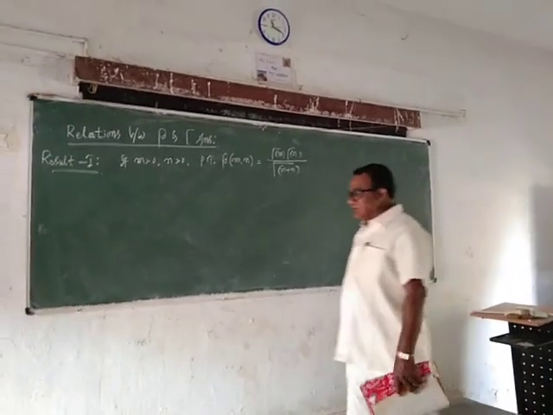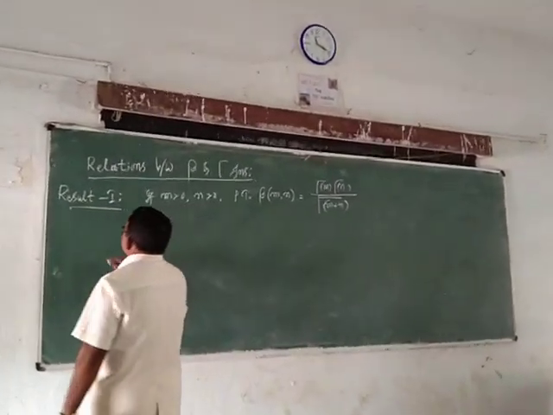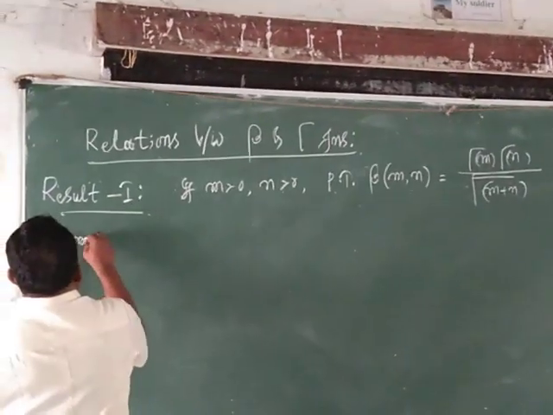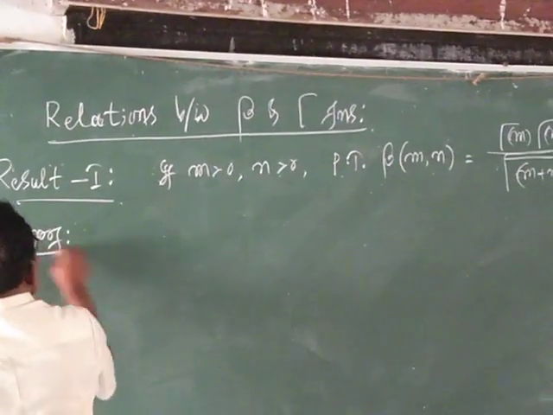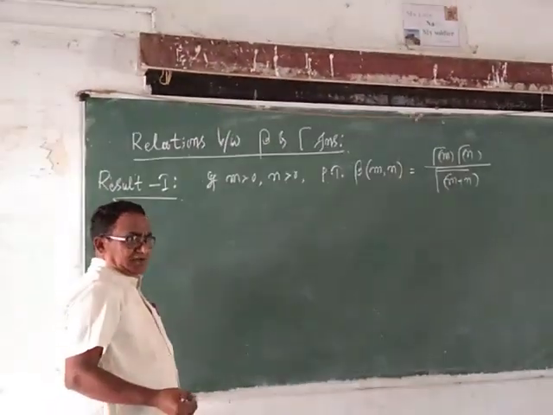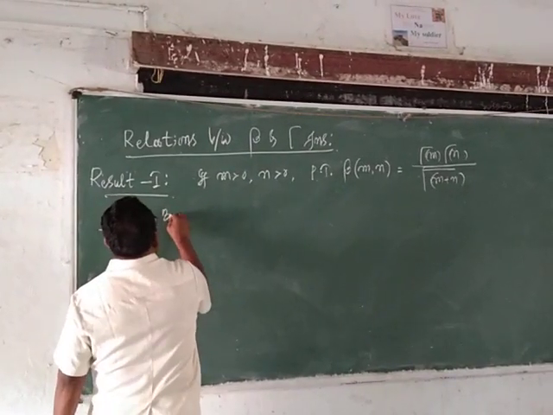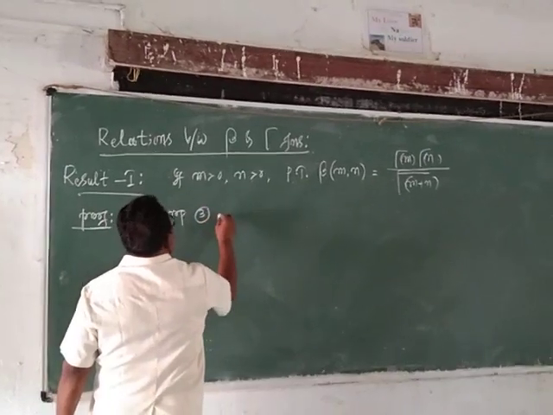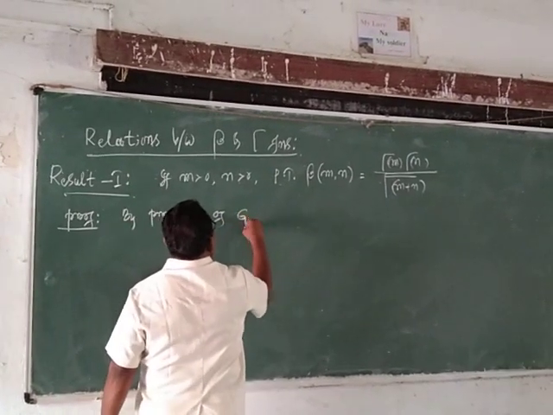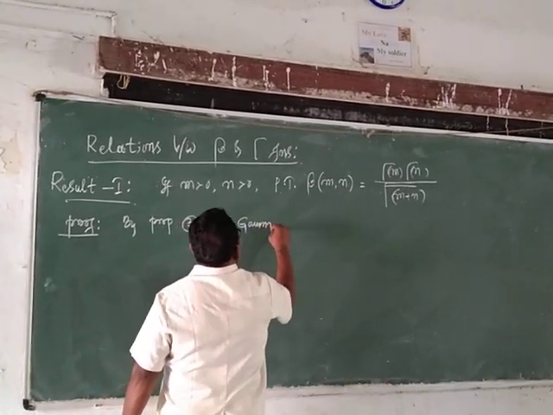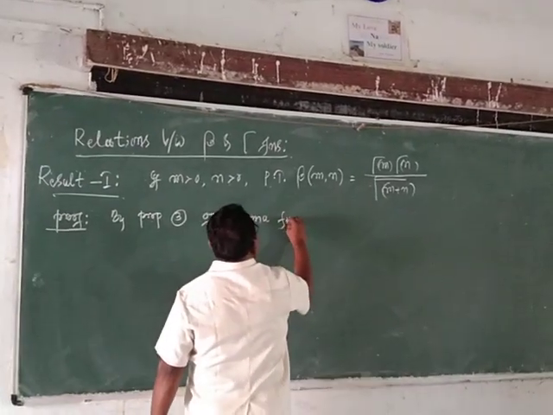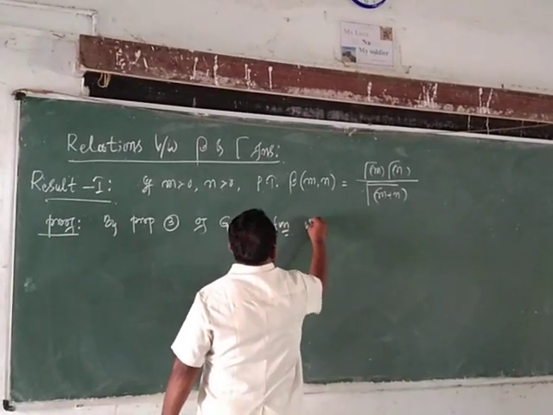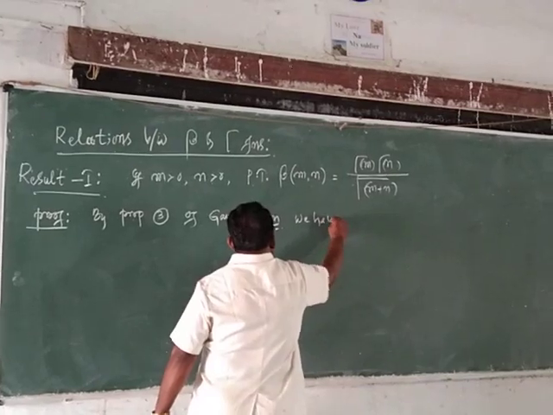In order to prove this result, let us use property number 3 of the gamma function. By property number 3 of the gamma function, we have this result.